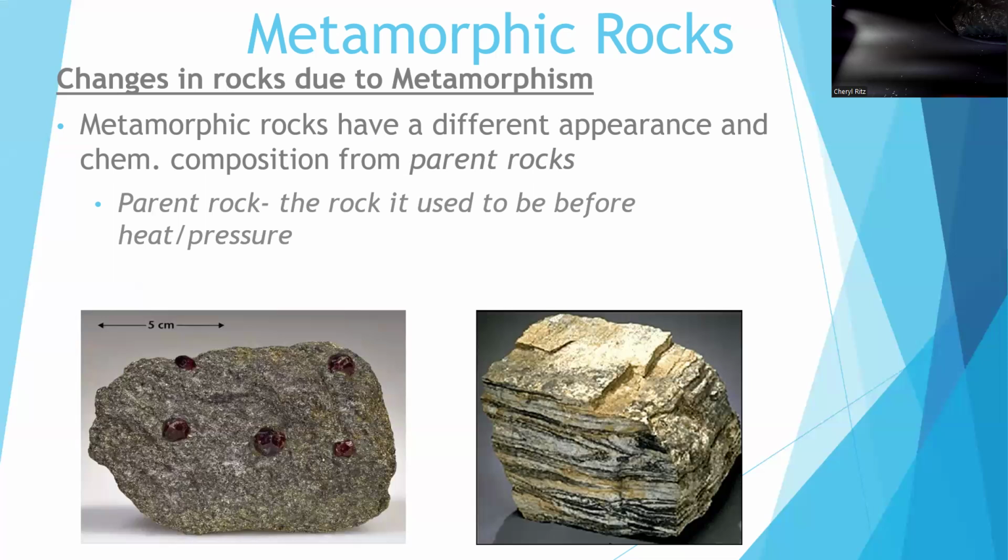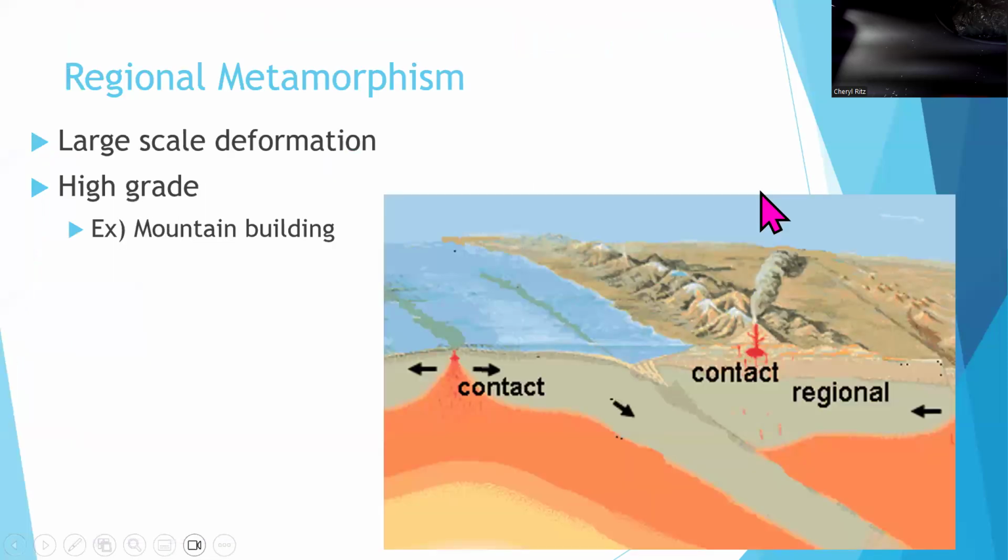I know we also talked about regional versus contact. So for regional, this is going to cause large scale deformation. So the rocks get deformed over a large area. And we can have a high grade metamorphism. High grade just means there's been a lot of metamorphism. It's been a big change.